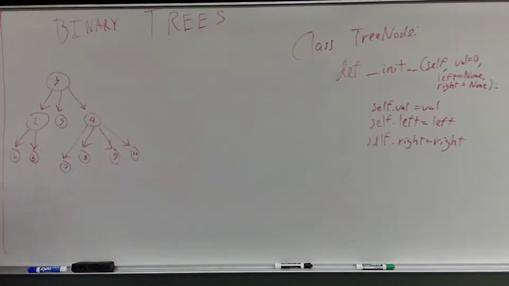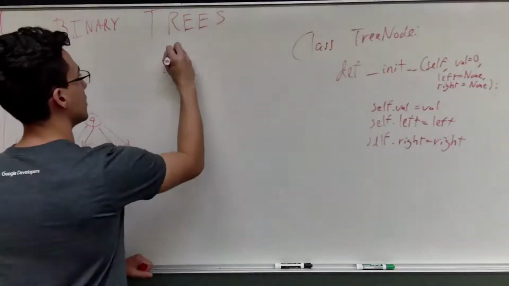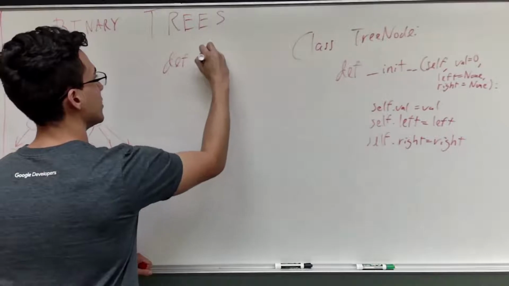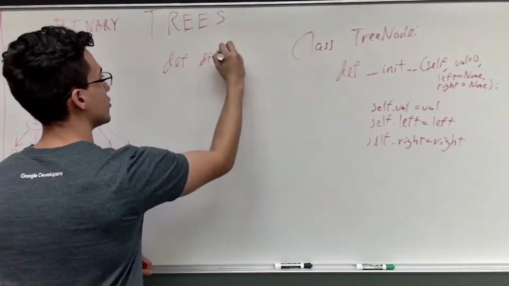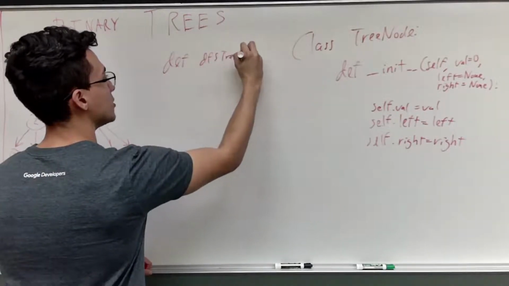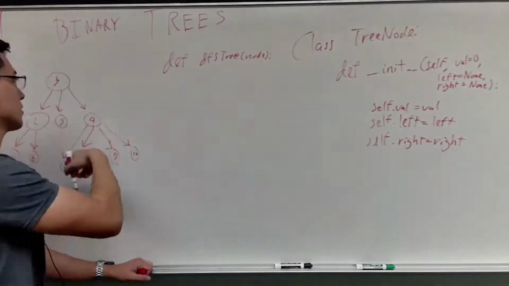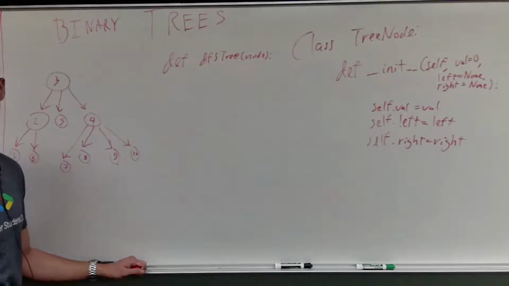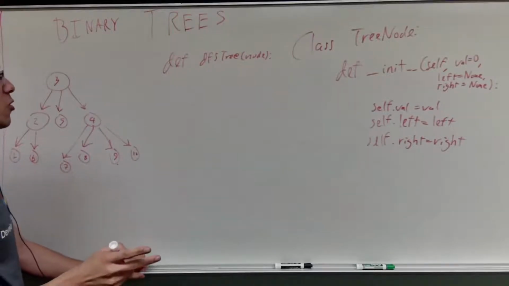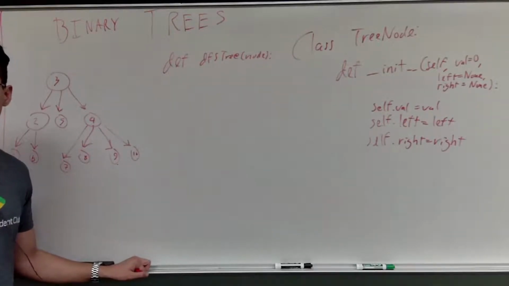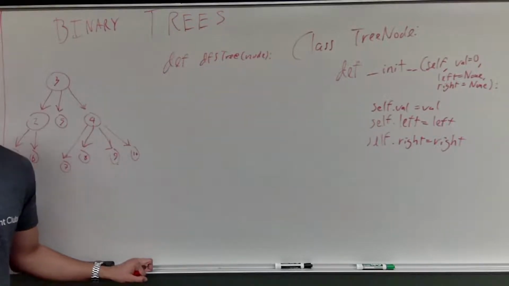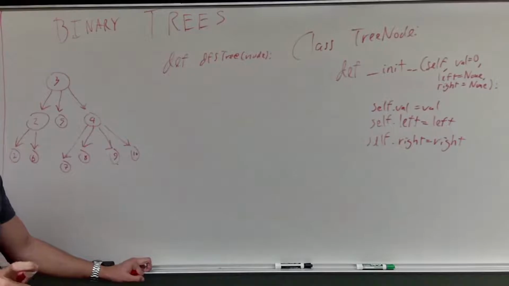We're not going to do it, but let's just say def DFS the tree. And this time we're working with an n-ary tree, not a binary tree. So what do we do? Oh, and I guess I'm going to say in order.